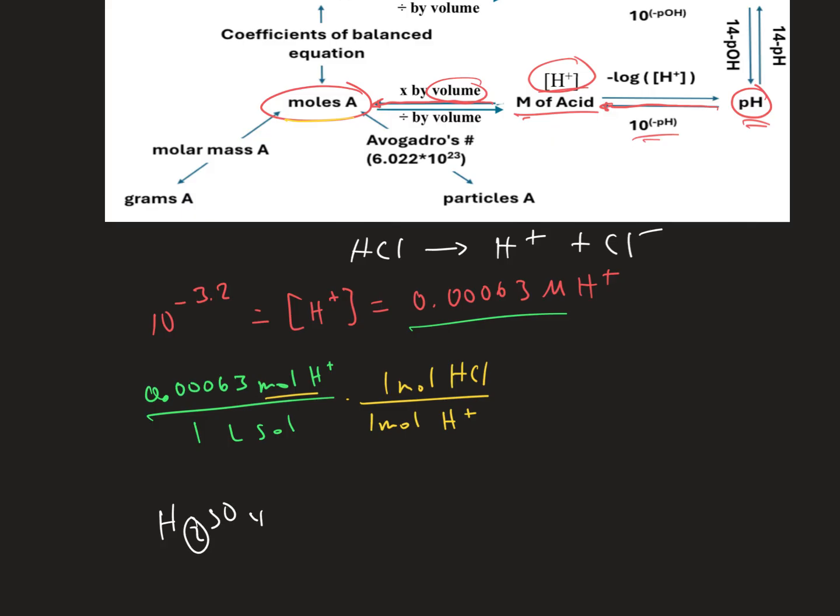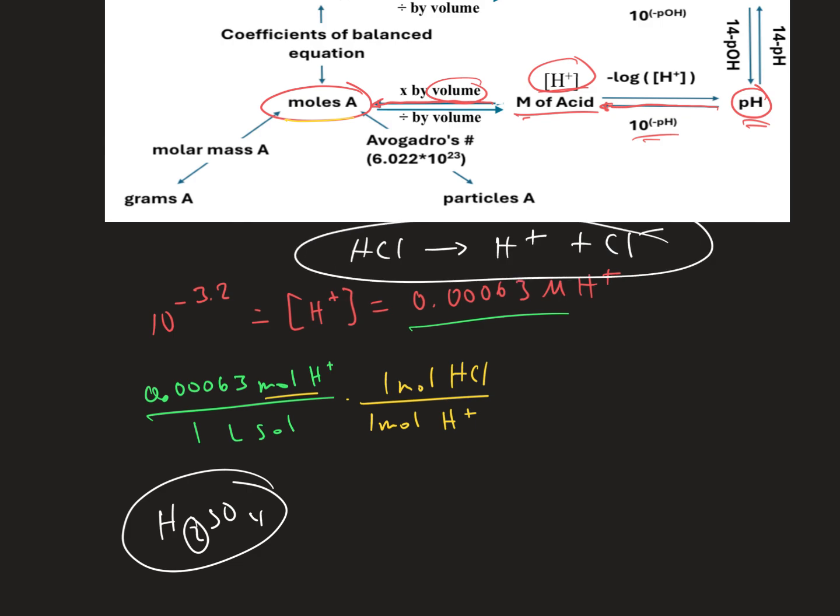No, there's 2 hydrogens for every 1 sulfate. Yeah. So you don't even have to write the equation like I did. Just look at it right there. Does that make sense to everybody? Okay.